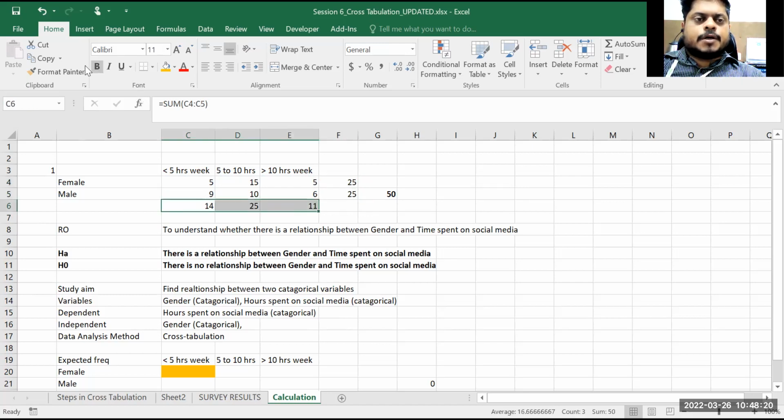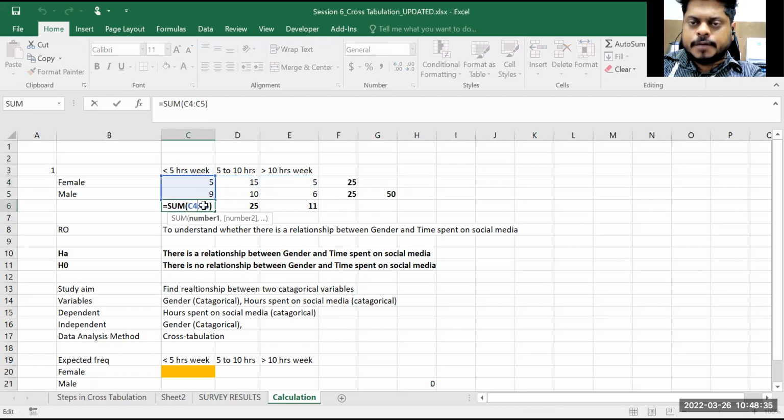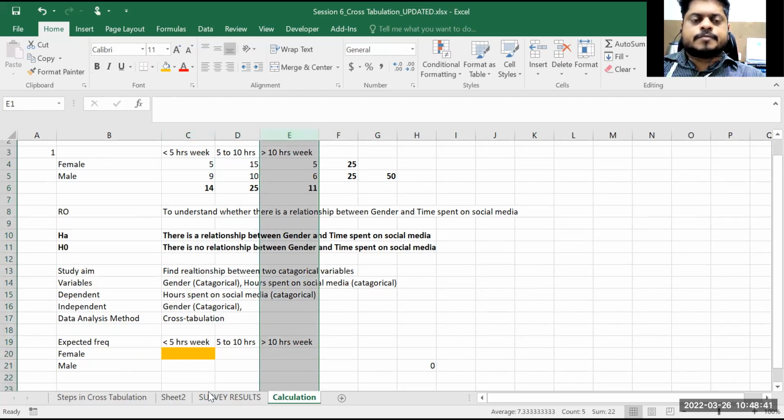So this, let me highlight. So I'm just adding up the row numbers, then here adding up the column numbers, right? So 25 is nothing but the sum of 5, 15, 5. 14 is nothing but the sum of 5 and 9. So this I have done for all the rows, all the columns, right? So I have total 3 columns, 2 rows, right?